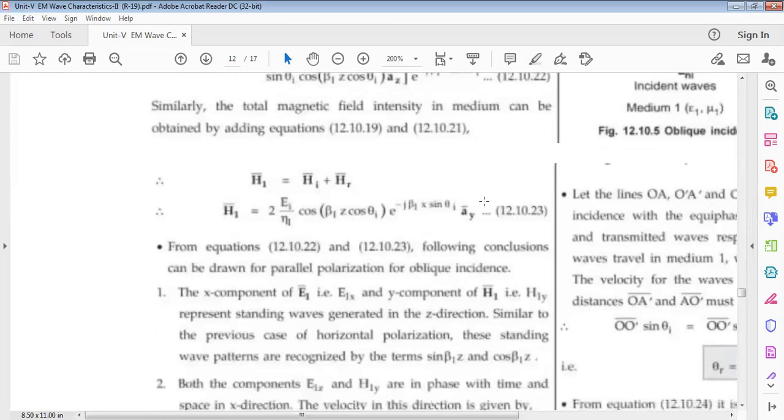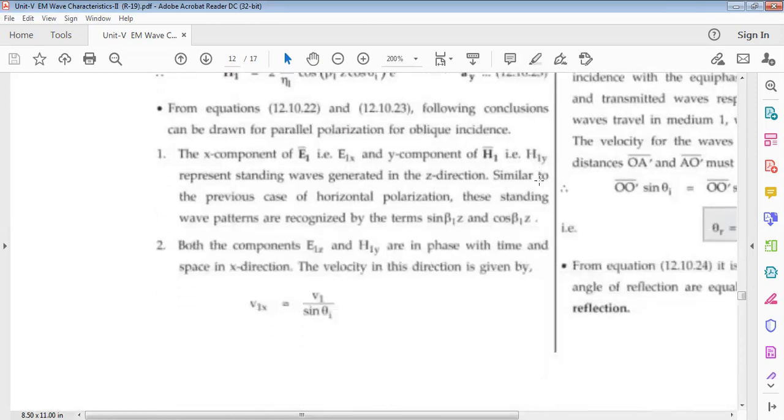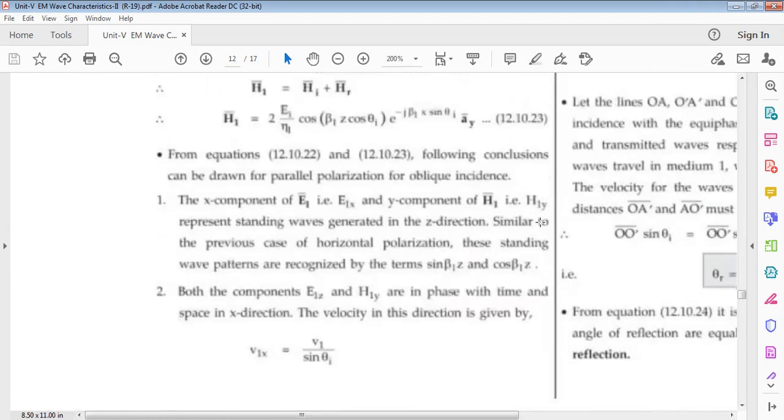The following conclusions can be drawn for parallel polarization with oblique incidence. The x component of E1 bar is E1x and the y component of H1 is H1y, representing the standing waves generated in the z direction. Similar to the previous case, horizontal polarization, these standing wave patterns are recognized by the terms sine beta 1z and cos beta 1z.